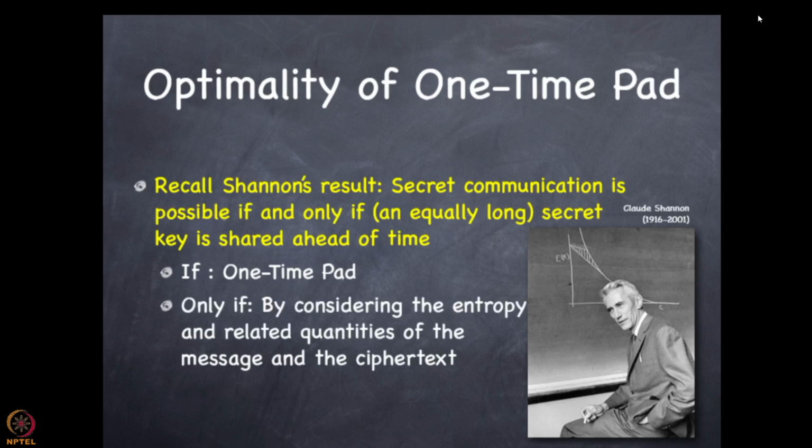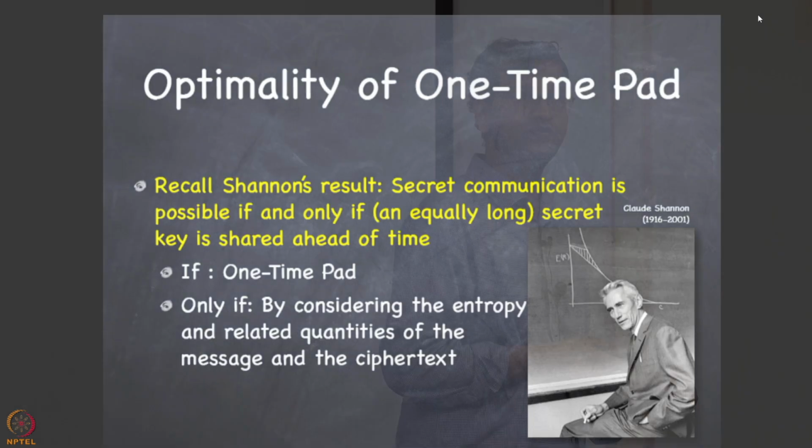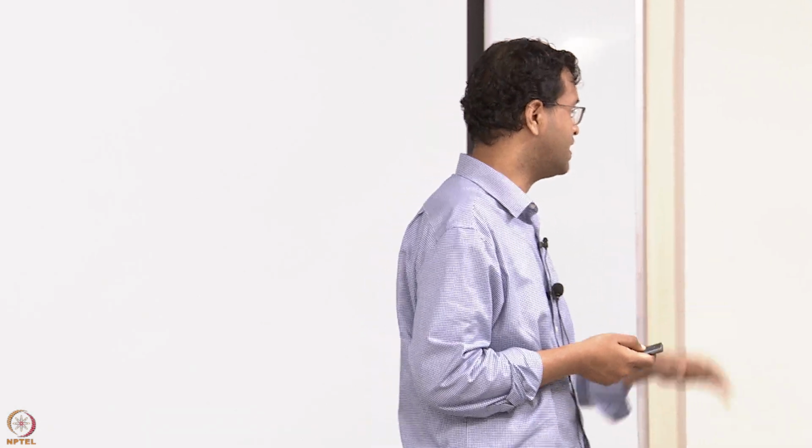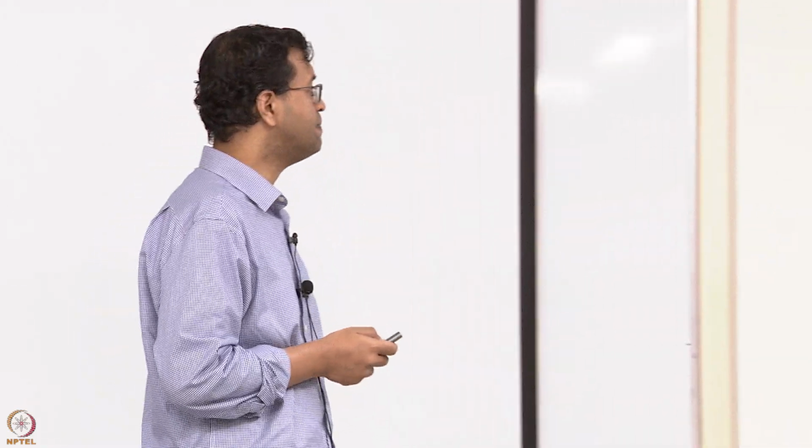There's no magical way in which you could have taken a smaller key and got the same kind of secrecy. That needs a little bit of an argument. We'll not do it, but it's kind of easy once you have set up notions like entropy and mutual information. You can use that to do it. You should know that this is optimal. You can do other things other than the one-time pad, but they cannot be shorter. They cannot beat this.